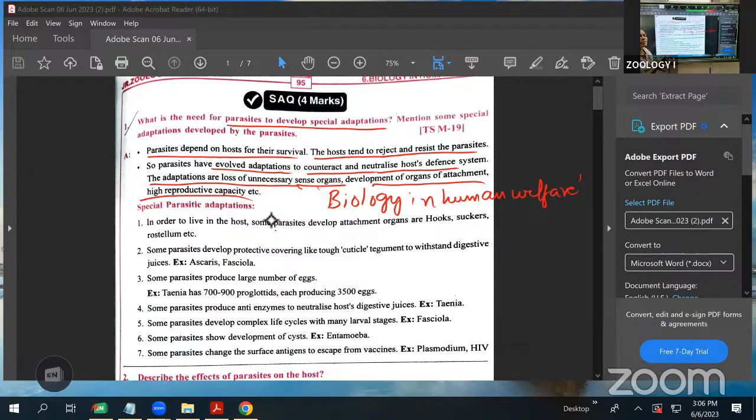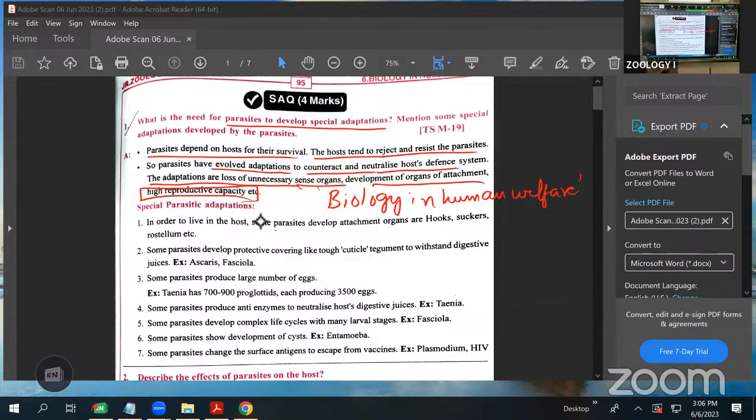Every time along with the digestive content they will come out. That's why they prepare organs for attachment. They also have reproductive capacity. Why? Some are destroyed, some will survive. That's why they have a highly reproductive capacity.